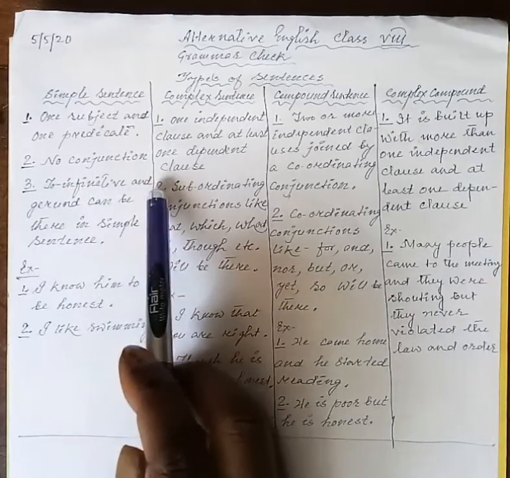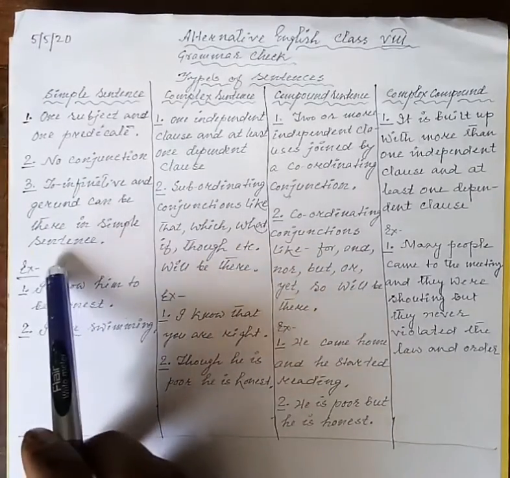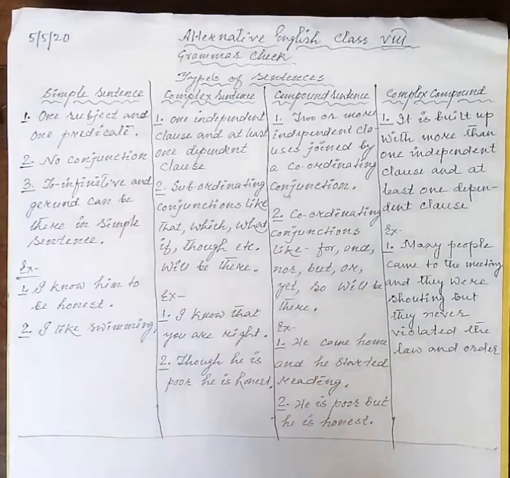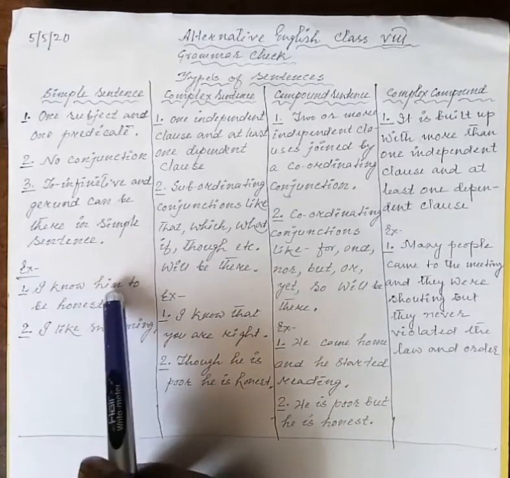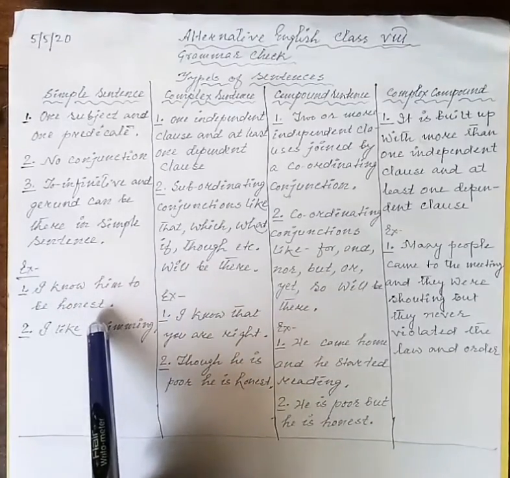Third, to-infinitive and gerund can be there in a simple sentence. To-infinitive is to plus verb, and gerund is verb plus ing. I have given you two examples using to-infinitive and gerund. I know him to be honest.